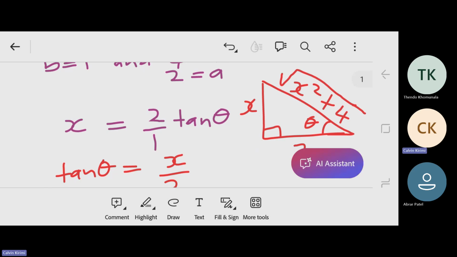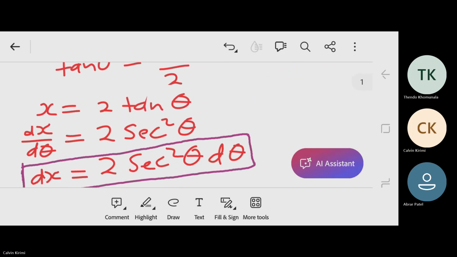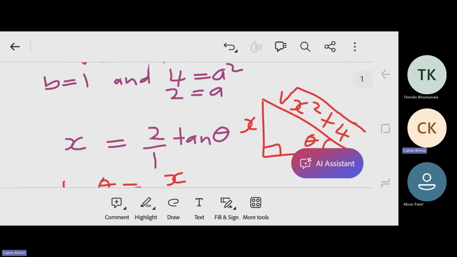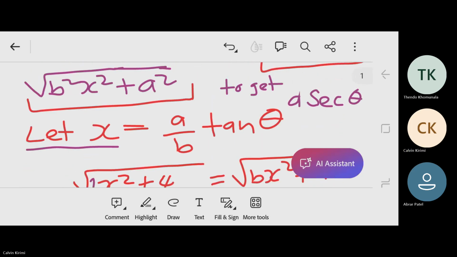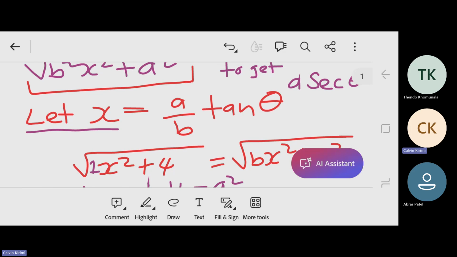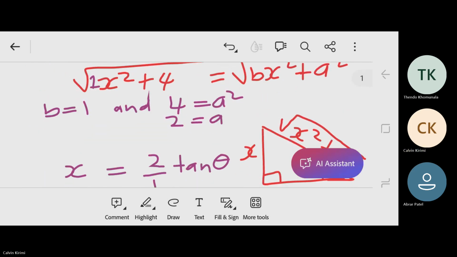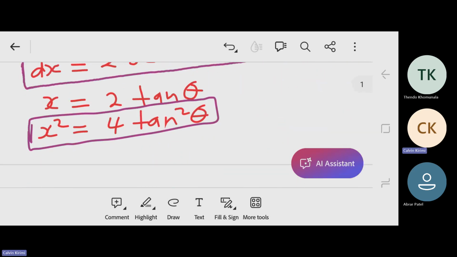That is the value which you want to get for the root of x squared plus 4. It is equivalent to a secant theta, which is 2 secant theta. So that you must know it by heart.